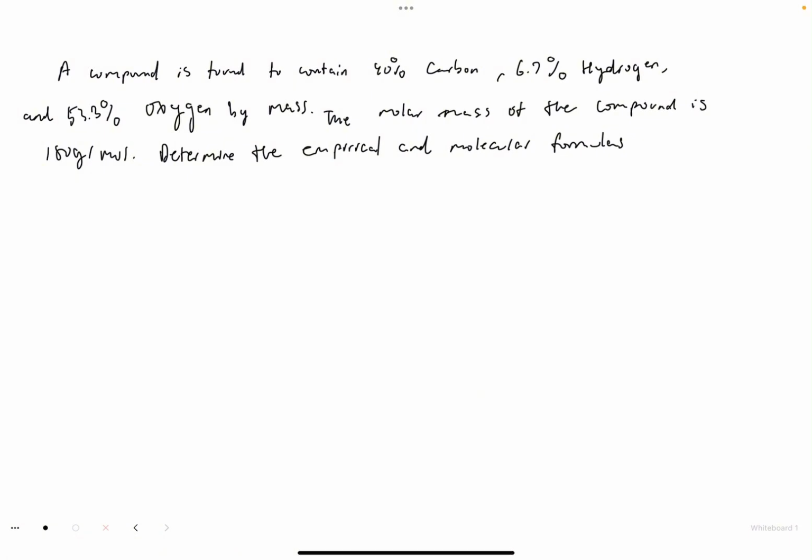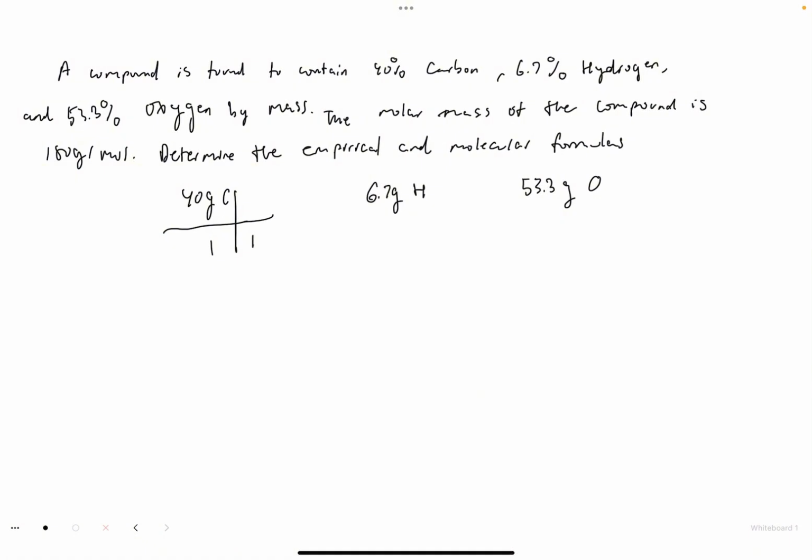So our strategy for empirical is going to be converting these percents to grams. So nothing really changes about the empirical. For now, I wouldn't worry about the molecular. Only one at a time, so calculate the number of moles via the molar mass.